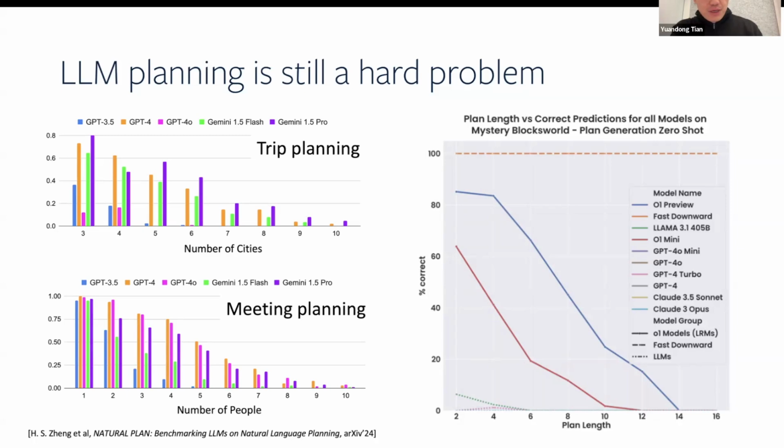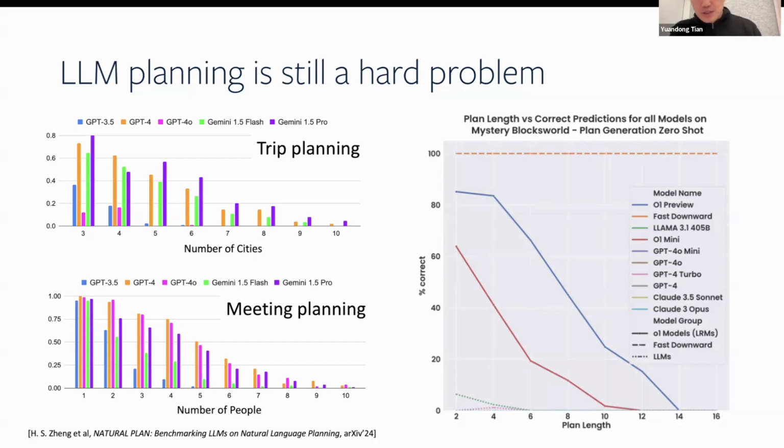In this paper, the Gemini team really wants to promote their work, so you see that their Gemini approach is doing better on this planning task. But there's a worrying trend: if you have more variables to be decided for these problems, then all the model performance will drop substantially. That's actually in some sense worrying.